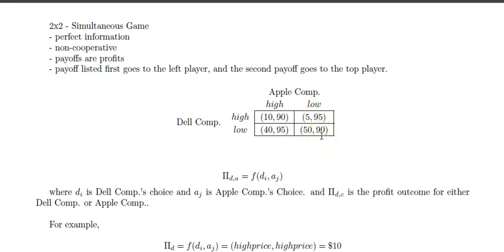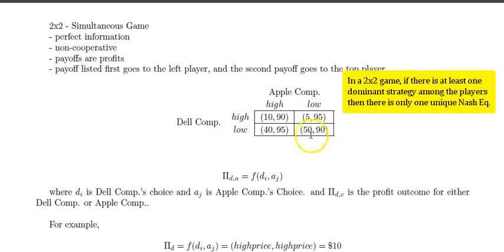Let's check low, low. Well, if you're Apple Computer, then you would actually prefer to have a high price. Now, if Apple Computers were to pick a low price, Dell, as we already have covered, would also want to pick a low price. So Dell would like to be here, but as we've already just covered, Apple would not.